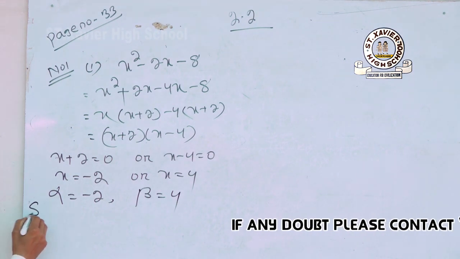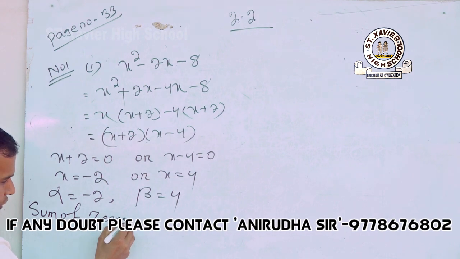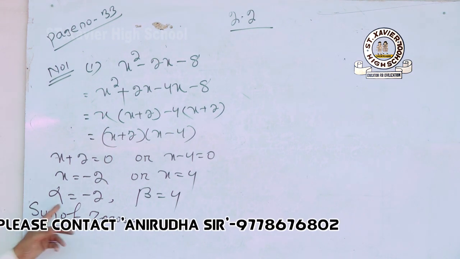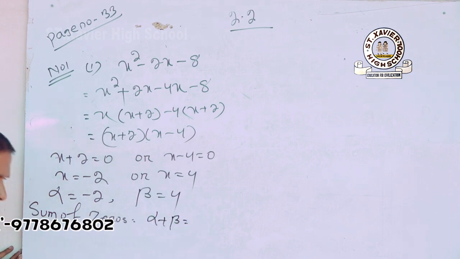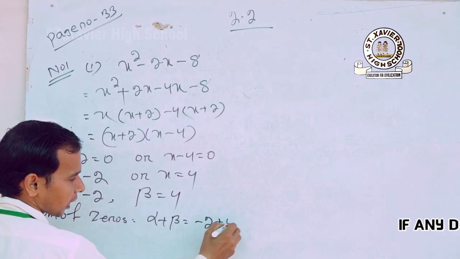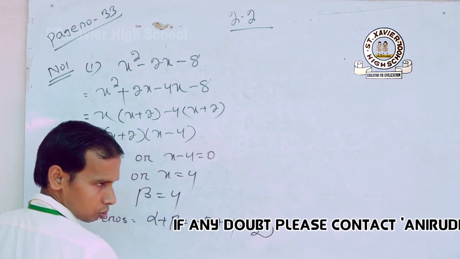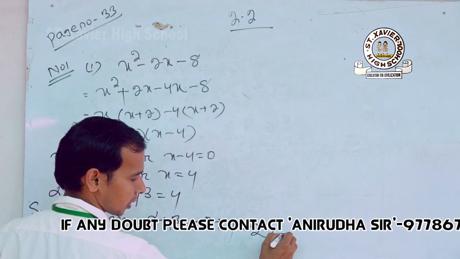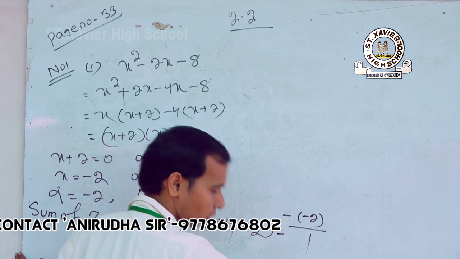Now the sum of zeros means alpha plus beta. The value of alpha here is minus 2, the value of beta here is 4. Okay, which is equal to 2. And 2 can be written as minus 2 by 1.